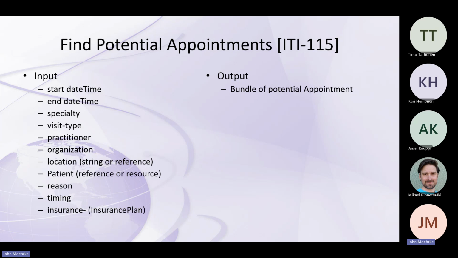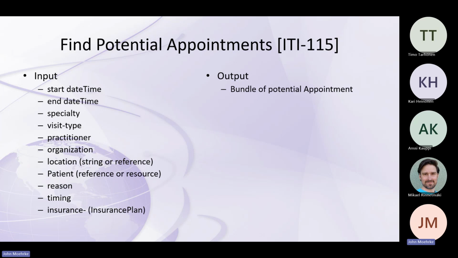What specialty, what visit type, and who is the practitioner I need the appointment with, so that the appointment will be reserved for that particular practitioner. What organization, in case this service endpoint is supporting multiple organizations. And then there are also things like location.